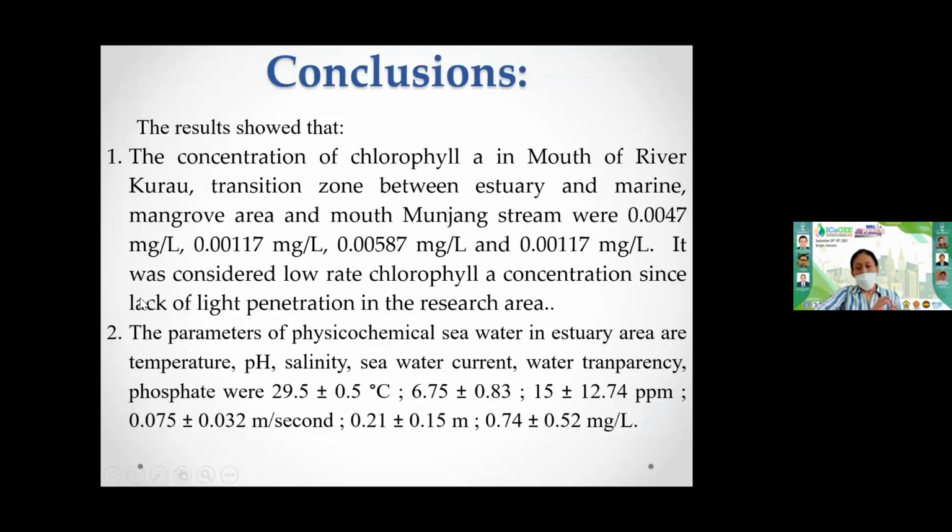And the conclusion is that the concentration of chlorophyll A in all the sites of the study is considered a low rate of chlorophyll A concentration, since there is a lack of light penetration in those areas.